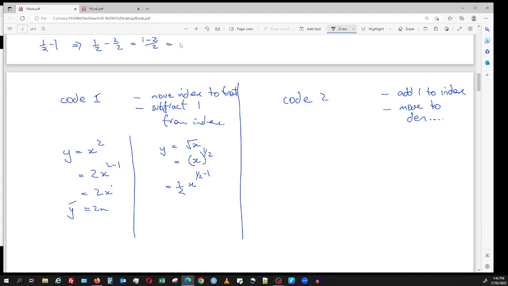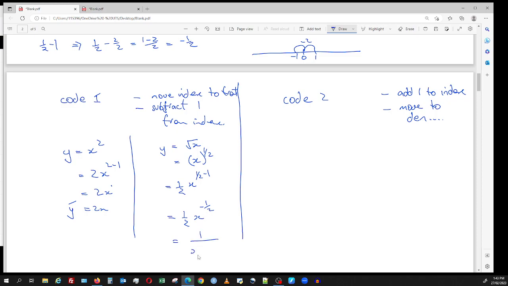And if you can do all of these steps, then you're set. Okay, 1, 2. So minus 2 from 1 gave us negative a half. So we have a half x to the negative a half. So that little bit there is the bit that gets rushed through, so that if you're not really familiar with what's happening, it can be quite daunting.